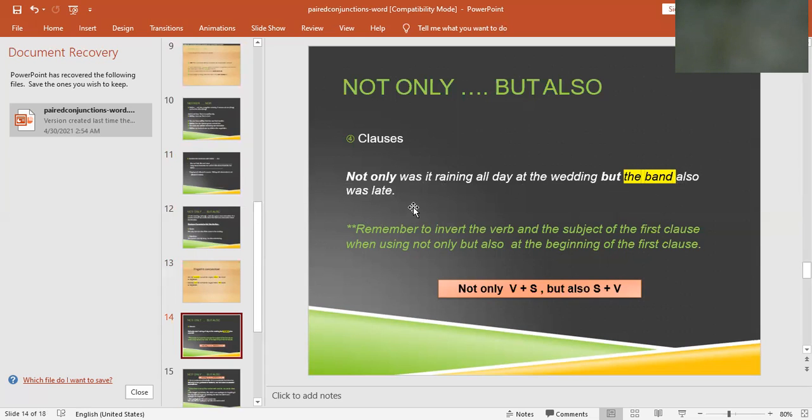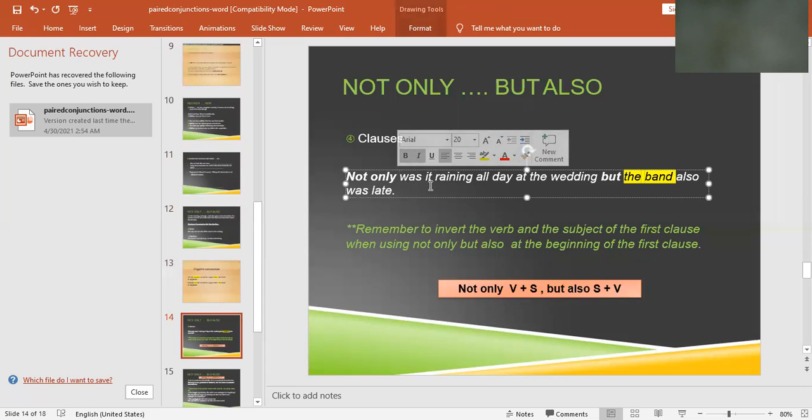So in this case, when we begin with the negative conjunctive adverb, we do the subject verb inversion. Not only was it raining all day at the wedding, but the band also was late.